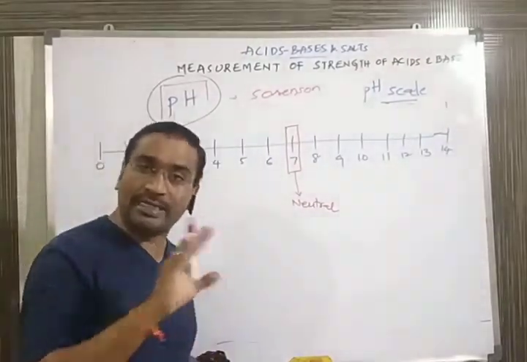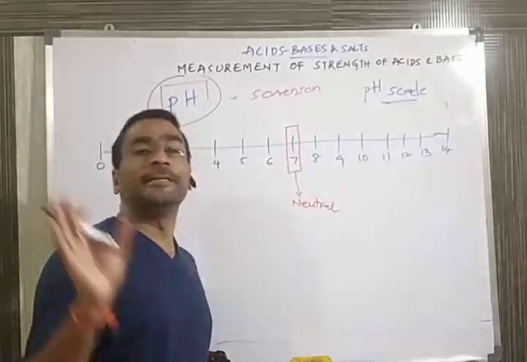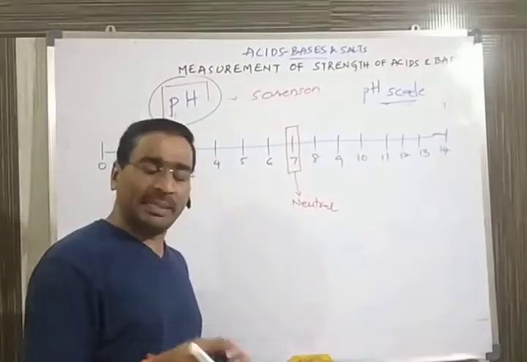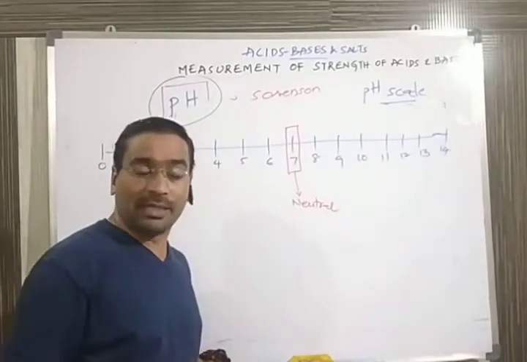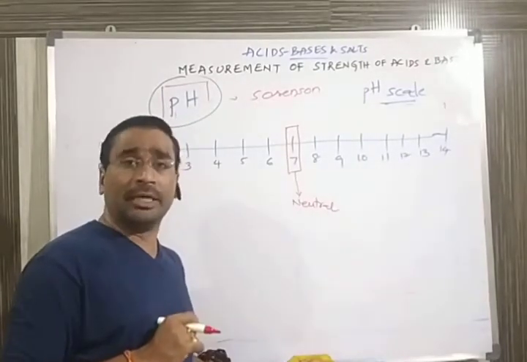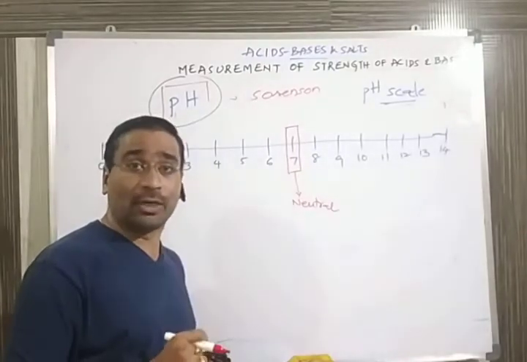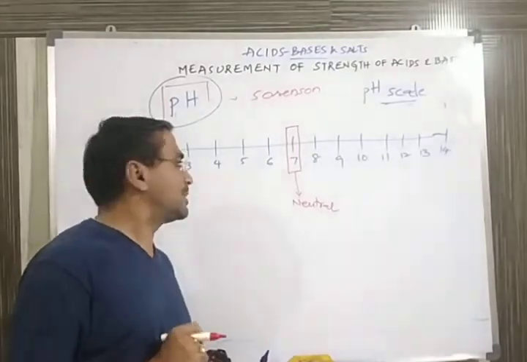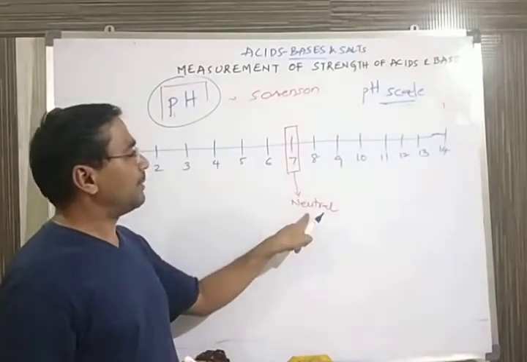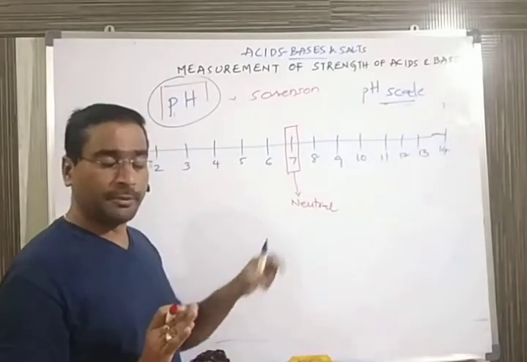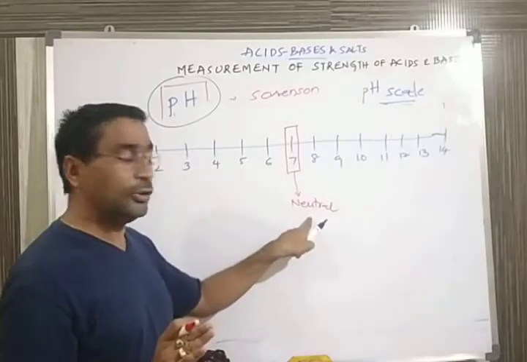It is neither acid nor base. The best example is pure water, what we call deionized water in chemistry laboratories. It is pure, neither acid nor base, and has a pH value of 7.